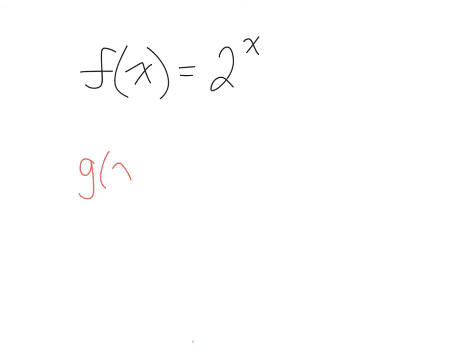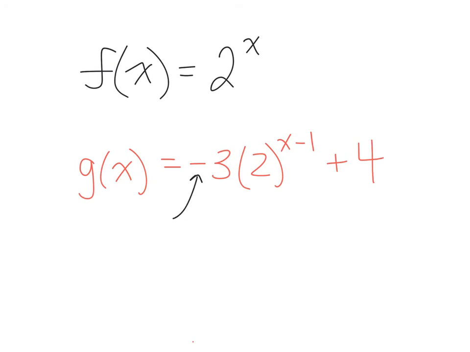Okay, so what you want to be able to do by the end of this lesson, that's super long, I'm really sorry, is describe transformations. So if I give you an original function like y equals 2 to the x, and then I give you a transformed function like g of x equals negative 3 times 2 to the x minus 1, plus 4, you should be able to describe everything that's changing.